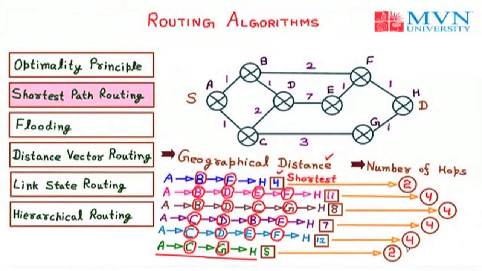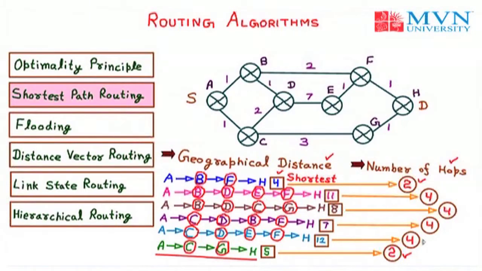So now we can see that according to the number of hops, or the number of routers in between, we have 2 shortest paths. That is the first one, which is shortest according to number of hops, and again the last one. So we can take any of the paths we want. According to the number of hops the first one is shorter, and according to the geographical distance the first one is also shorter.